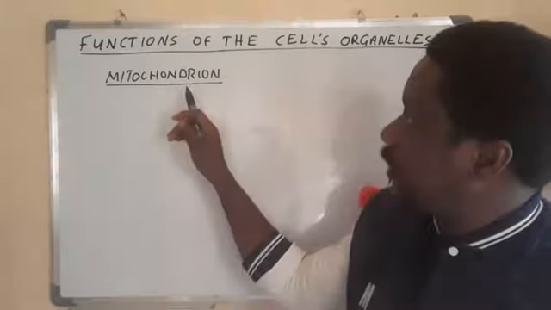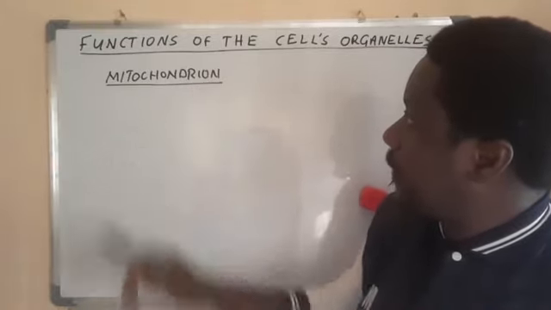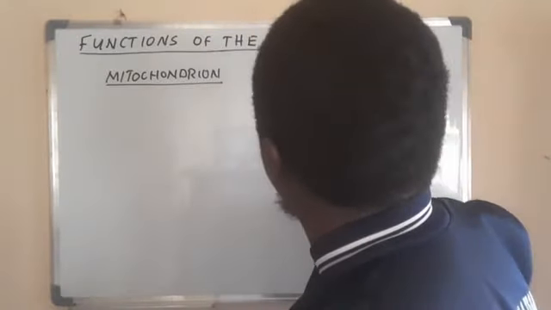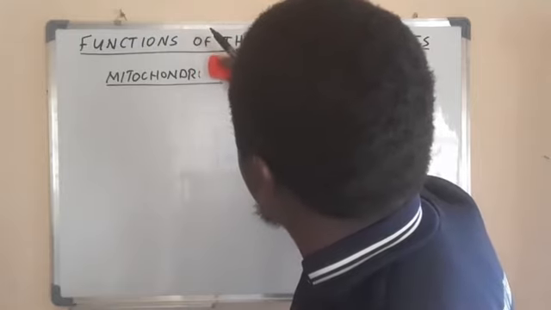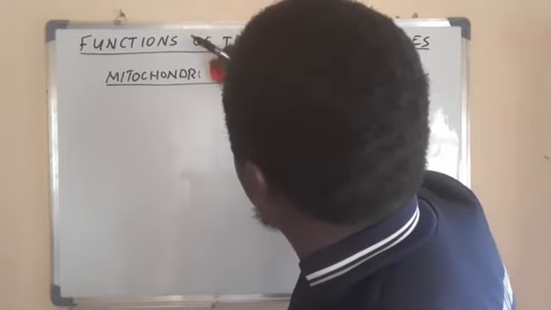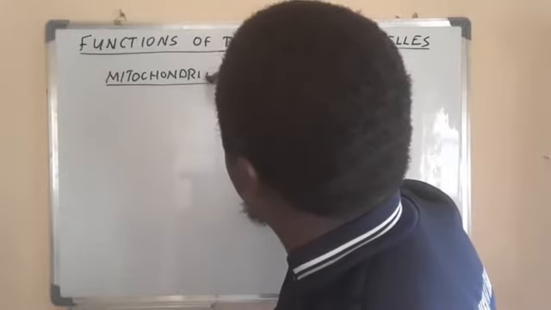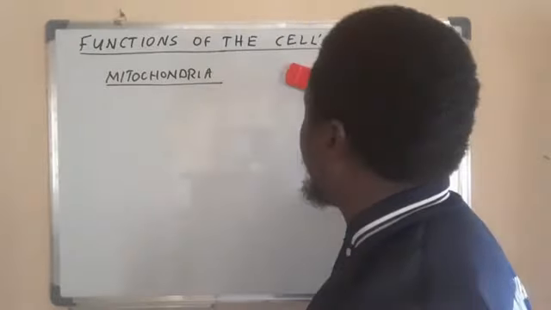Mitochondrion is singular, and mitochondria is plural. When you remove O and N and put A, it becomes mitochondria.